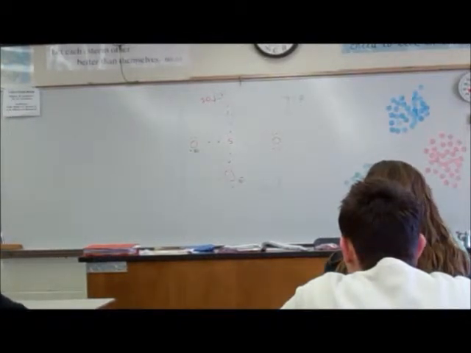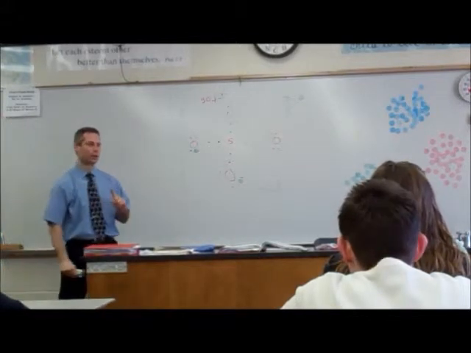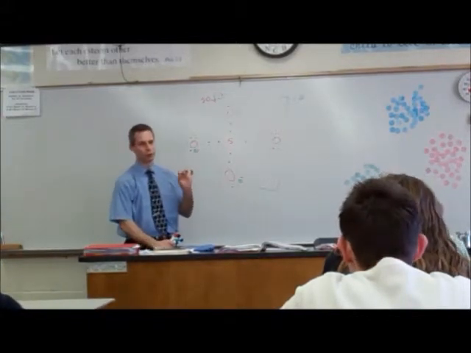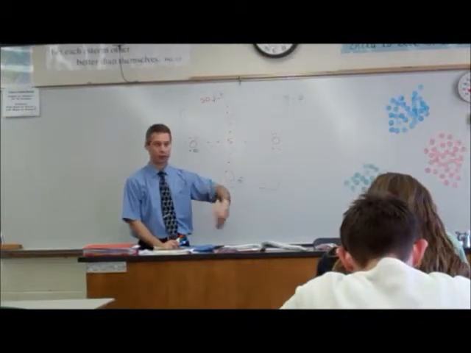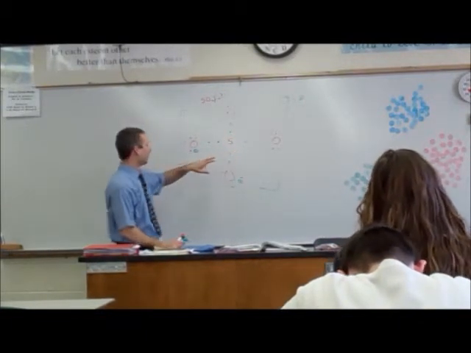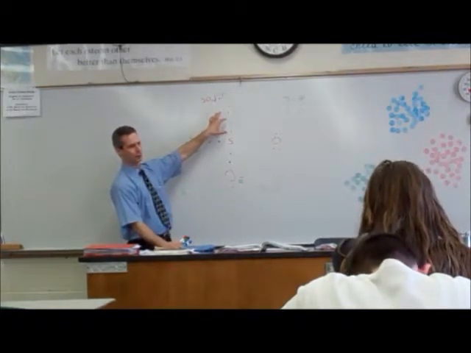I saw somebody had resonance. Do we need resonance on this? Here's where some people make a mistake. Resonance is used only if you have a double, or I suppose a triple bond that could have gone somewhere else. Some are going to say, you made a coordinate covalent bond with that guy.